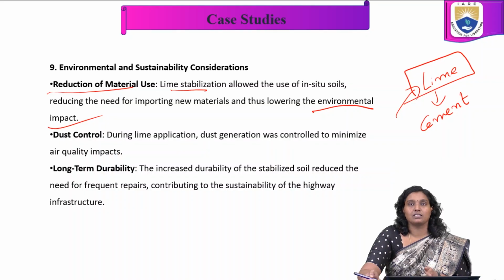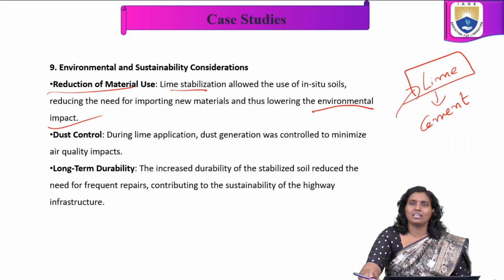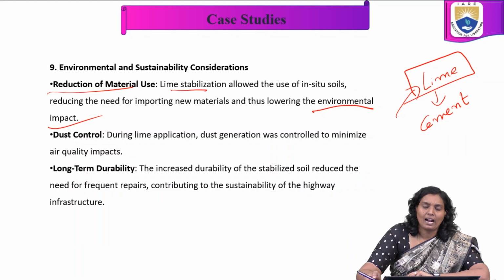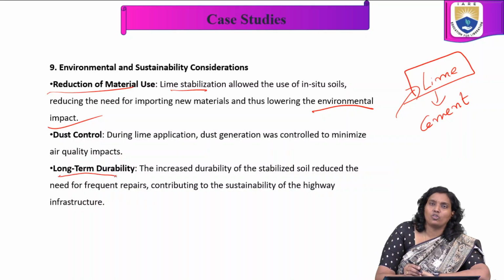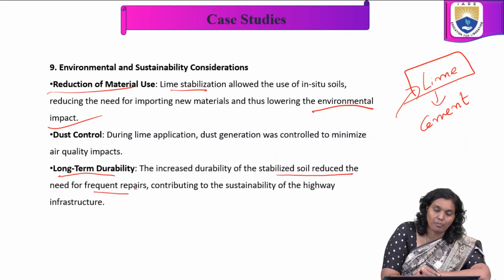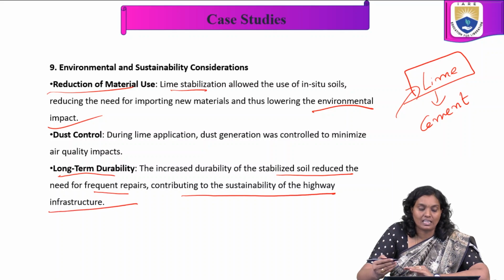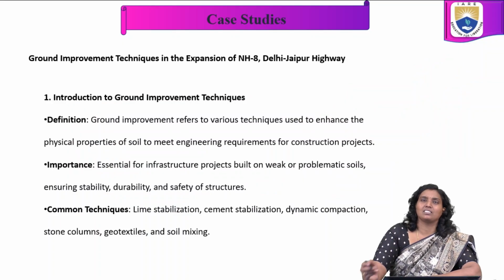Now the dust control: during lime application, dust generation was controlled to minimize air quality impacts. And long-term durability: the increased durability of stabilized soil reduced the need for frequent repairs, contributing to sustainability for highway infrastructure.